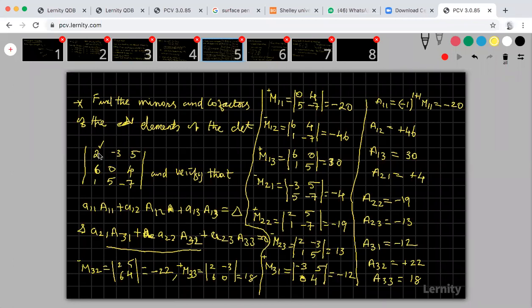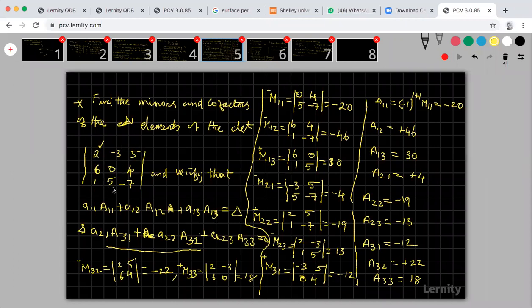Please try to understand why I am leaving this first row and first column: because this element belongs to the first row and first column. So leave that row and that column. This 2 is the first row, first element, and it belongs to the first column and first row.